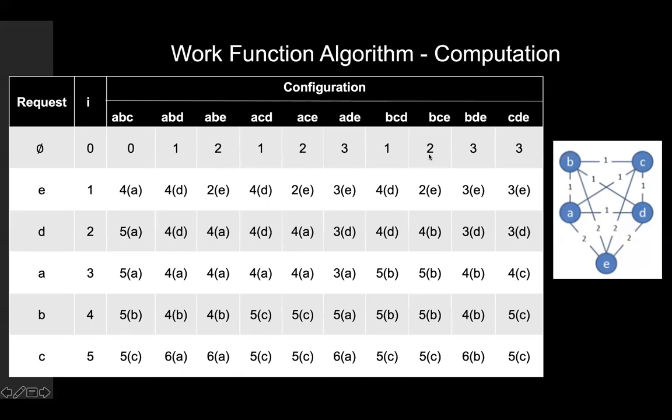Similarly, if you look at W2 of ABC, the best possible way to reach ABC after serving request 2 would be BCD, that is replacing A with the second request, D. So the overall path would be ABC to BCE to ABC for W1 of ABC, and from ABC to BCD to ABC for W2 of ABC.